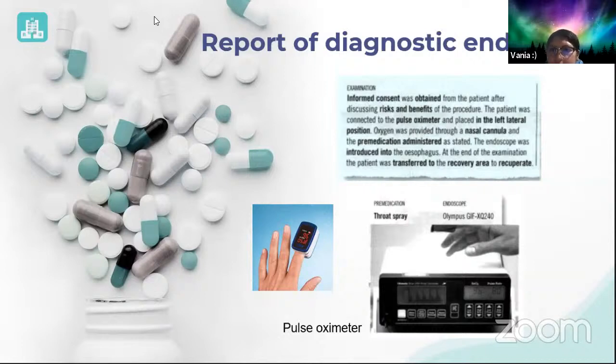Oxygen was provided through a nasal cannula, and the premedication administered as stated. The endoscope was introduced into the esophagus. At the end of the examination, the patient was transferred to the recovery area to recuperate. Okay.